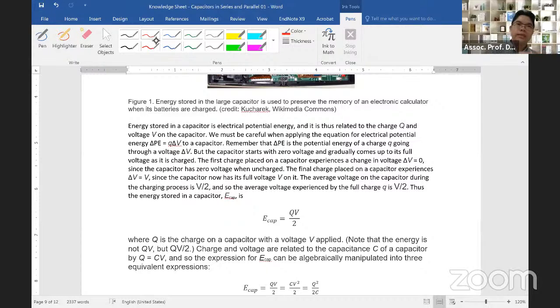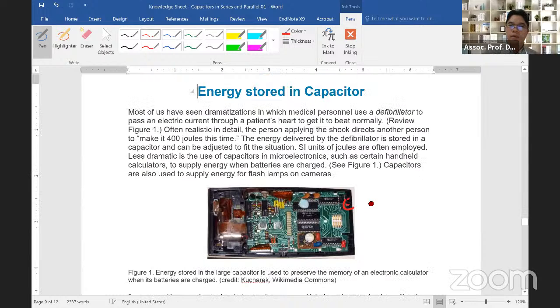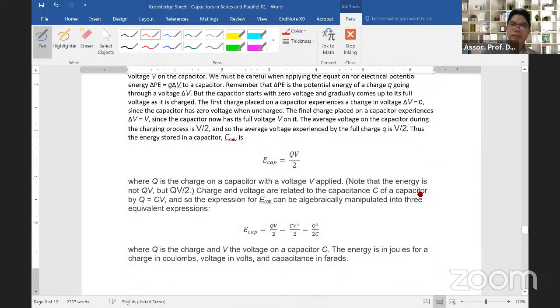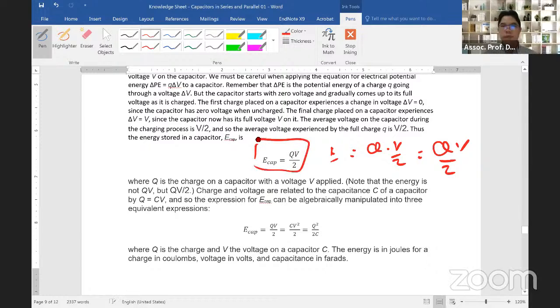So in this case, the energy that the capacitors store to maintain the circuits will be E equals QV, right? But because of the average voltage, charge multiplied with a half of voltage, the final one will be QV divided by 2. So this is the formula to find the energy.